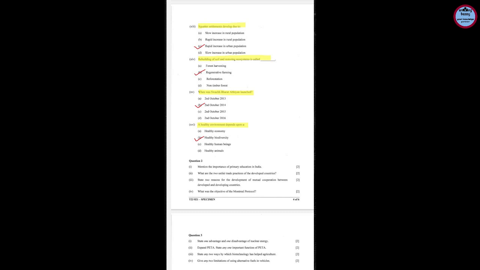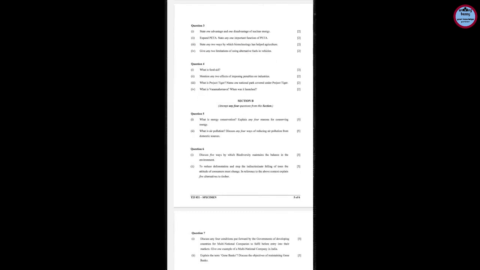In the meantime, you just take a look at the question paper. Here we have question number 3, question number 4. Coming to section B, where you need to pick any 4 questions. This is question number 5. Each question consists of 5 marks. In question number 5, you can see energy conservation, pollution, air pollution, and biodiversity.